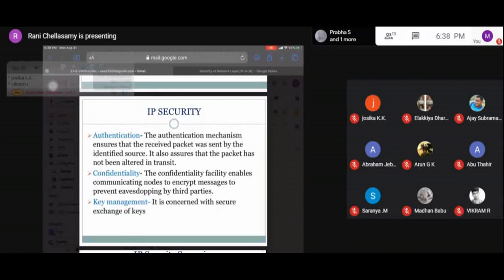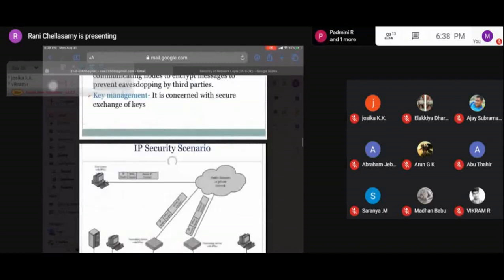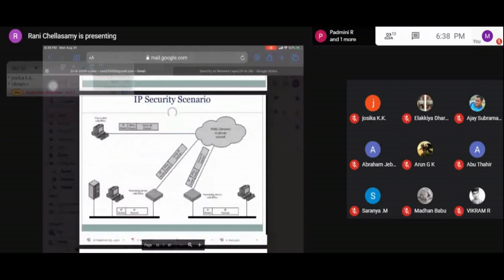This is the scenario. You can see the IP security scenario with three networks. The user system with the IP security protocol sends the message or packet with the IP header, IP security header, and the secured IP payload. This is the format of the packet sent by the user system if it is using the IP security protocol.